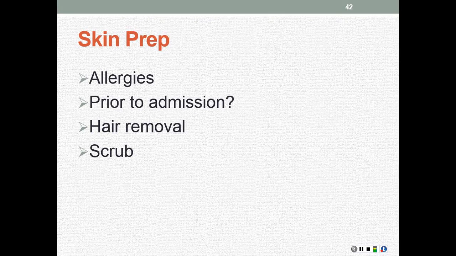Who is more at risk to get an infection from a surgical procedure? What types of people? The elderly, immunosuppressed people, diabetics, obese people, anemics, right. Anemics. I don't think that's the word. Yeah, anemics.